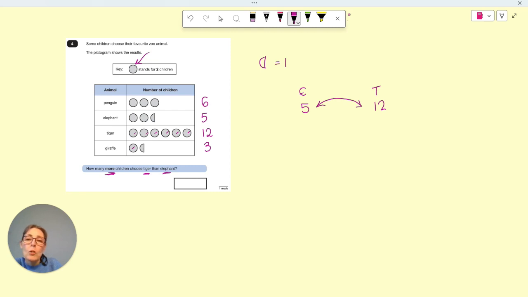How many more children choose a tiger than an elephant? So that's 12. Take away 5, or the difference between 12 and 5. And that's what we're doing. We're doing 12 take away 5, which is 7. Okay. You could start at 5 and count on 5, 6, 7, 8, 9, 10, 11, 12. Okay, well done.